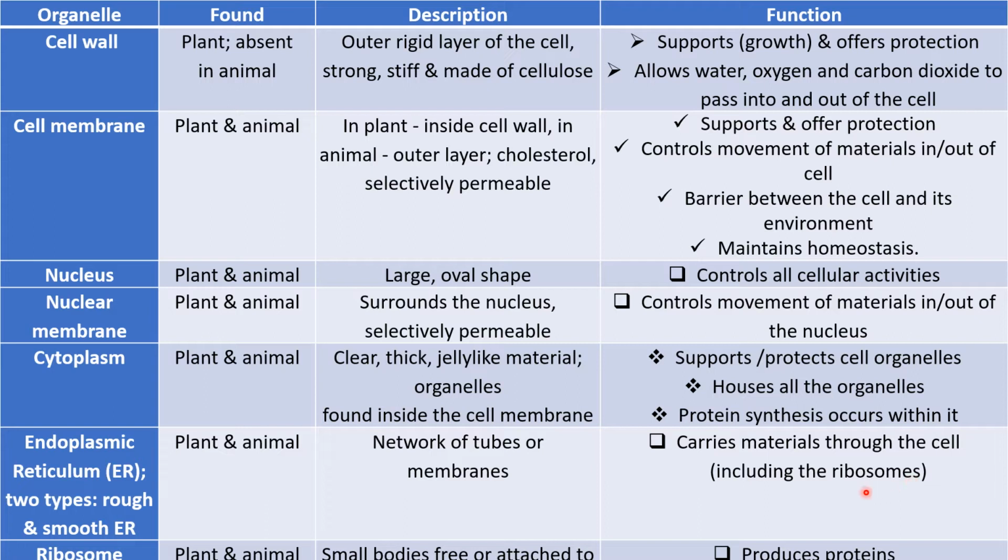In fact, the ribosomes are found attached to this endoplasmic reticulum. The ribosome itself has small bodies that are free or attached to the endoplasmic reticulum as mentioned, and is highly involved in the process of protein synthesis.